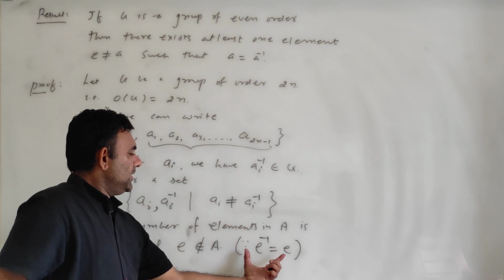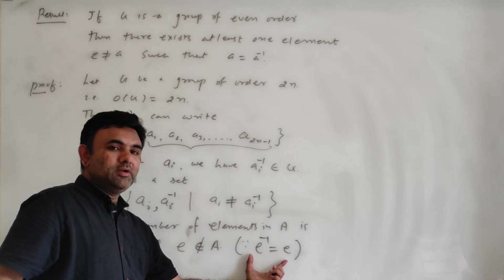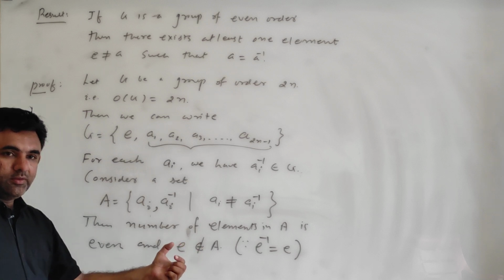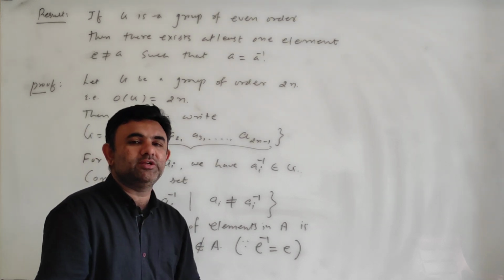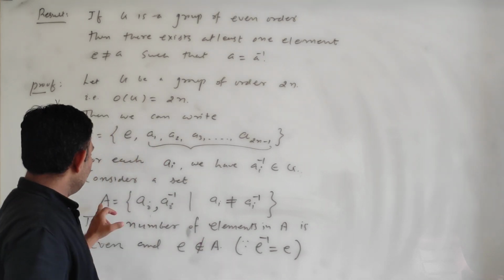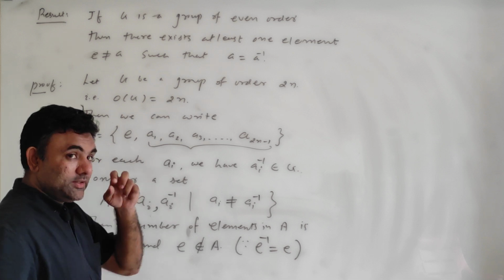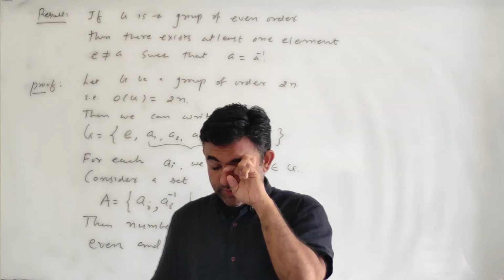So when an element and its inverse are equal, then that element is not here. We are collecting those elements whose inverses are different. So identity will not be here, and the number of elements in A is always even.